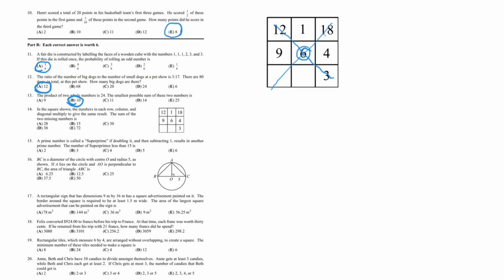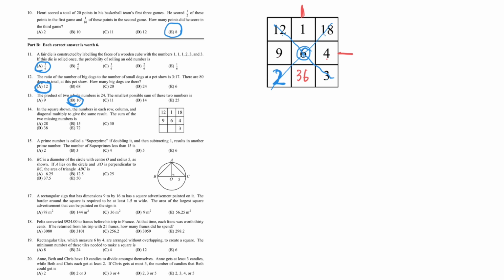So 18 times 2 gives us 36. Same thing, we do the middle row and the middle column. 4 times 9 is 36. So 1 times 36, they are equal. They both times 6.